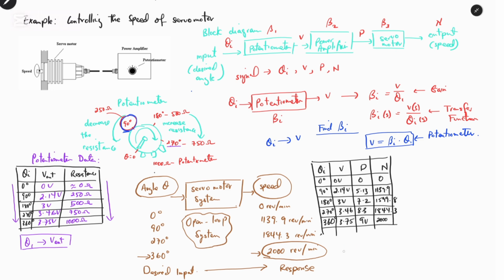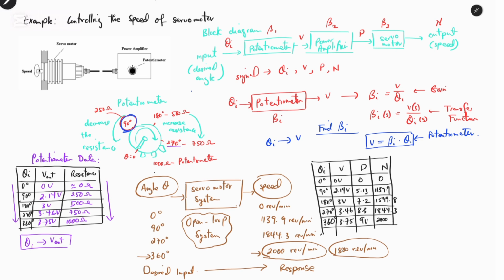If we have a disturbance and the output is 1800 revolutions per minute, this is due to the disturbance. So we have a feedback that will measure, and there will be an error because our target is 2000 revolutions per minute, however the actual output is 1000 revolutions per minute. So there must be some error correction in the circuit. That's why we need a closed loop system.